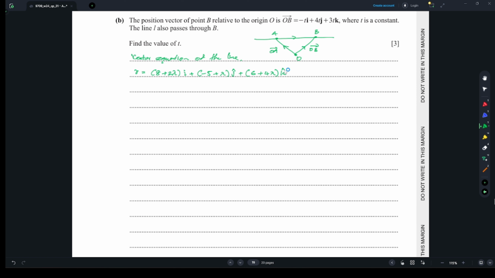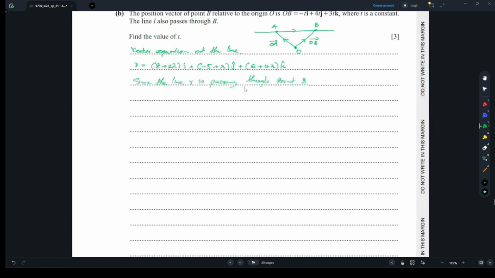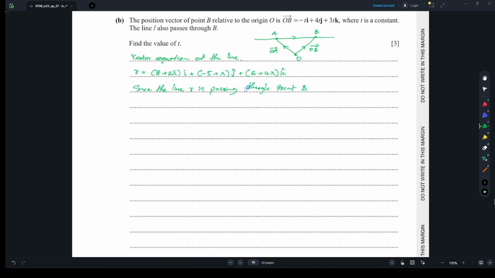Okay, now they say that line R is passing through point B. So since the line R is passing through point B, we can equate these two equations.